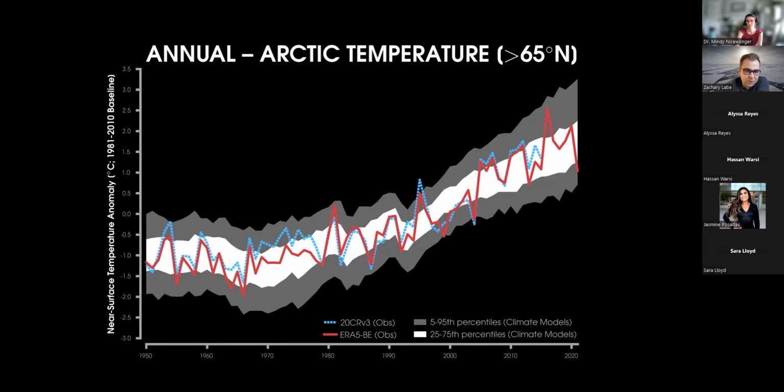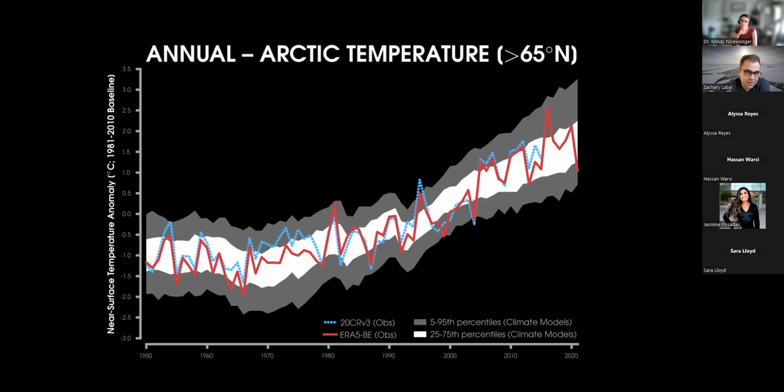So what you're looking at here is one of these evaluation methods. This is a graph of temperature. The thin lines, the red and dashed blue lines, are data sets from the real world, from observations. And then the white and gray shading is from our climate model, with some shading due to uncertainty in the climate model.